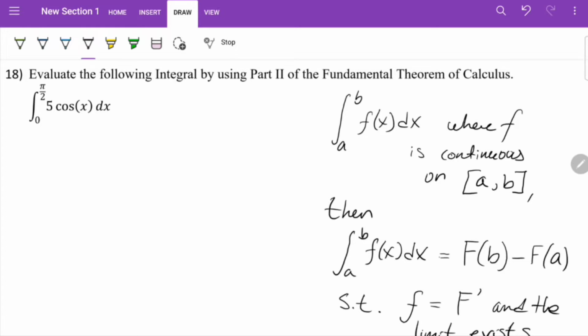That should be pretty straightforward because a cosine function is continuous on the interval from 0 to pi over 2. What I'm going to do is move the 5 to the outside of the integral. So that's going to be 5 times the integral from 0 to pi over 2 of cosine of x dx.